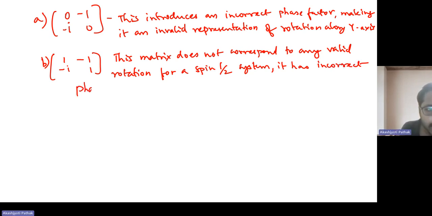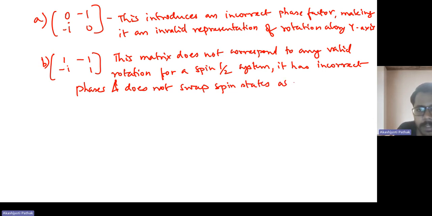It has incorrect phases and does not swap the spin states as required by a π pulse.